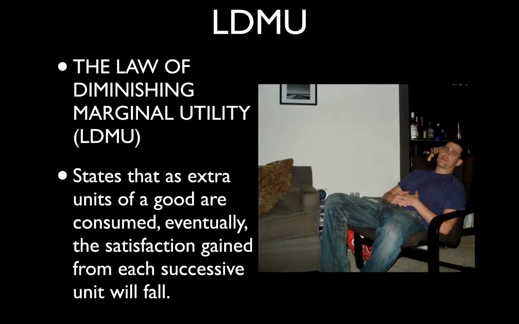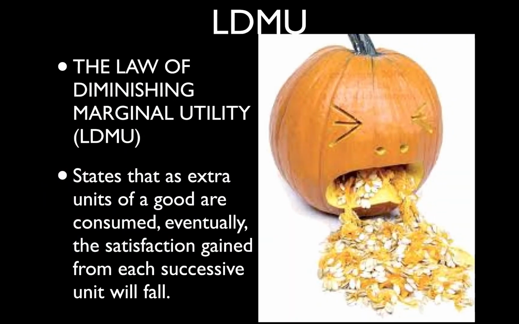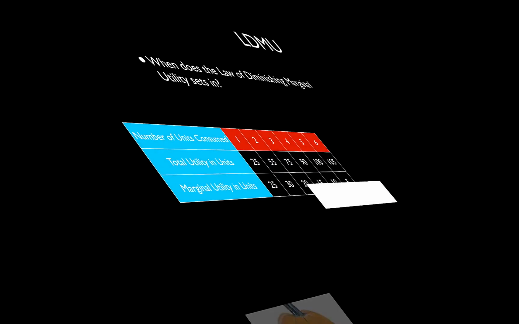But if he keeps on eating, every successive bowl of gruel will make him less and less extra happy. Each extra bowl will give him less extra happiness, which is marginal utility. So then he's stuffed, and he doesn't want any more. If he keeps on eating, something like that's going to happen. Again, I love these rude photos.